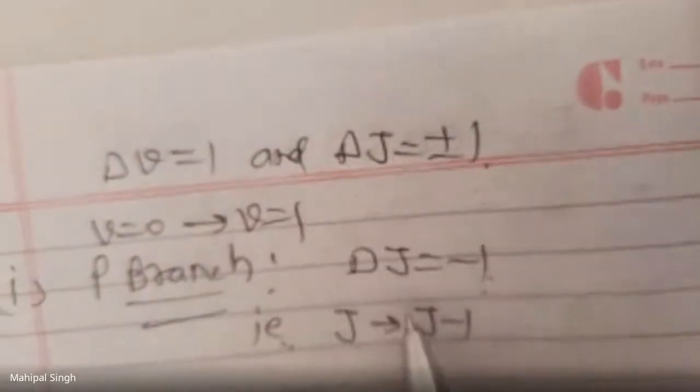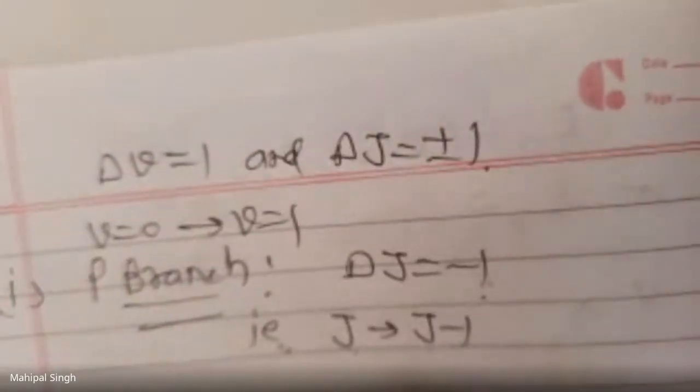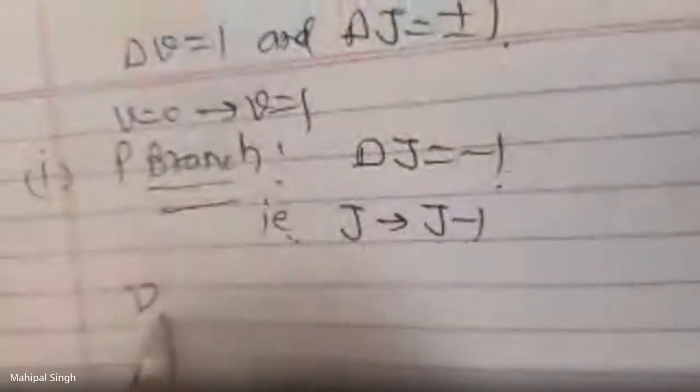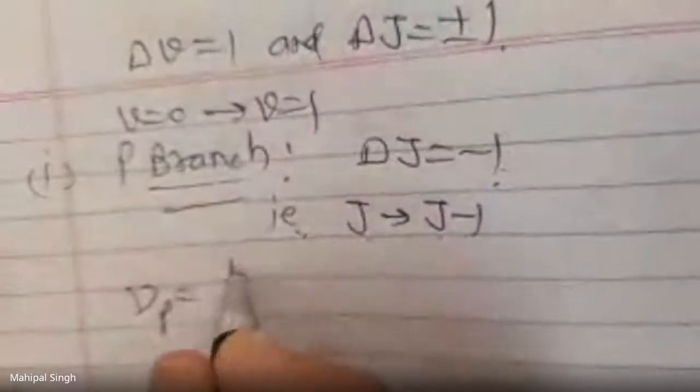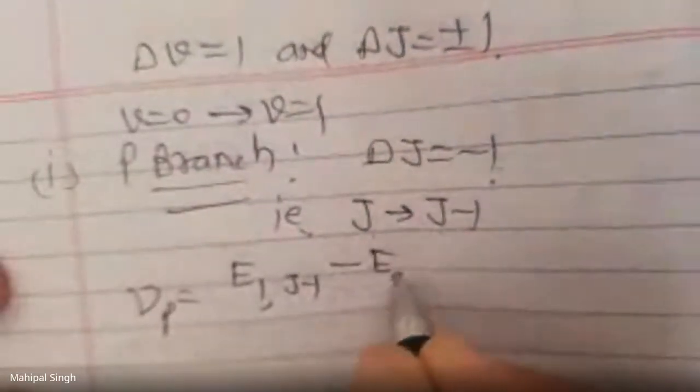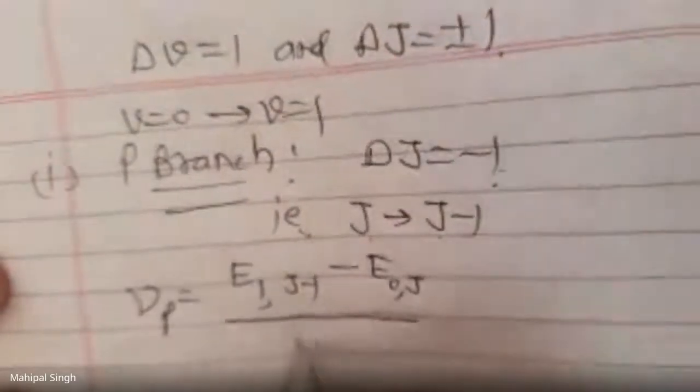From equation 15, the frequencies of the spectral lines in the P branch are given by nu p, p meaning P branch, equal to E1 (J minus 1) minus E0 (J) upon h.